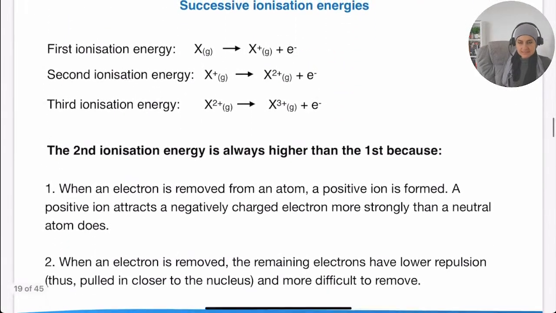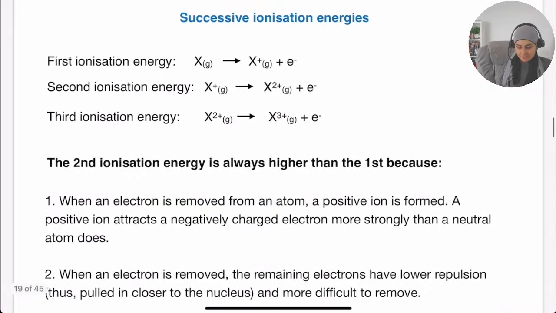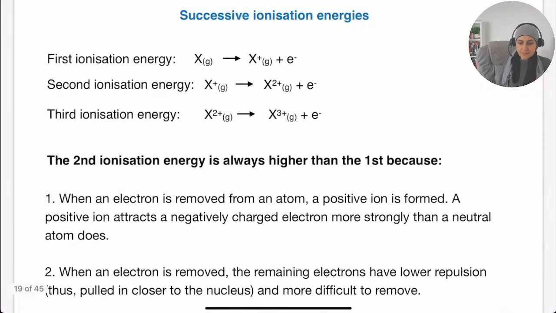Next is successive ionization energies. Again, that's HL. We just talked about the first ionization energy, when we remove the outermost electron. Now, we can remove more electrons. If you take your atom and keep removing electrons one by one, starting from the outer shell, the first ionization energy is when you remove the first electron, so X gas goes to X plus gas and an electron.